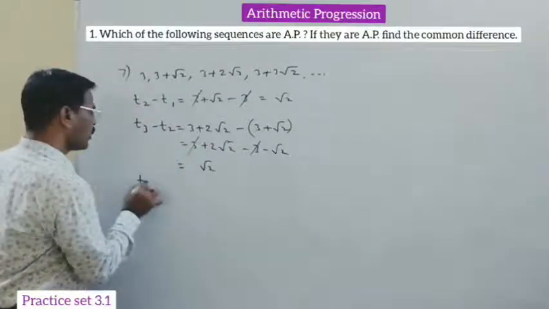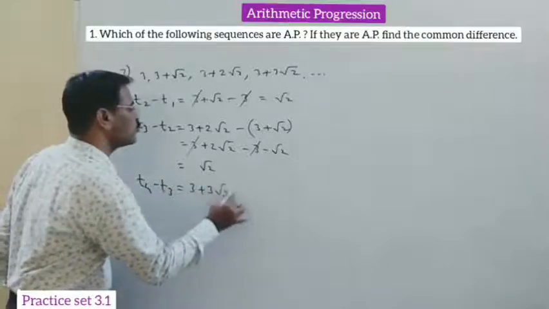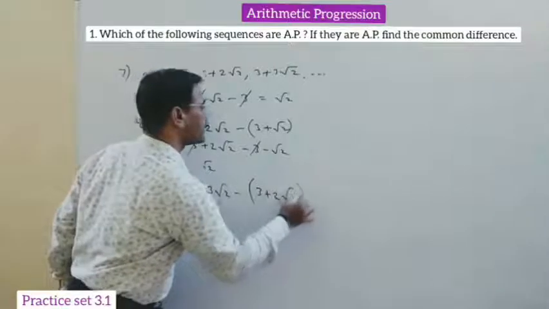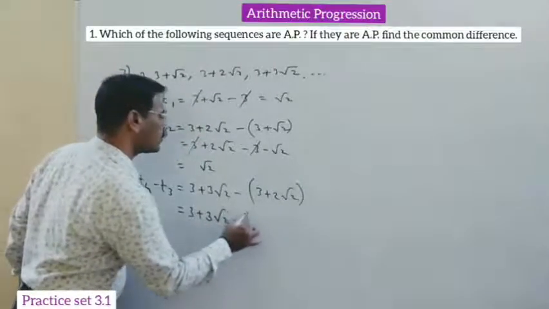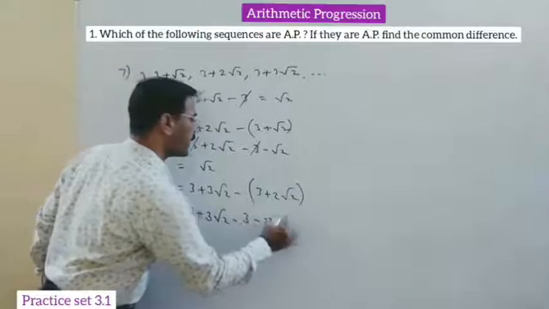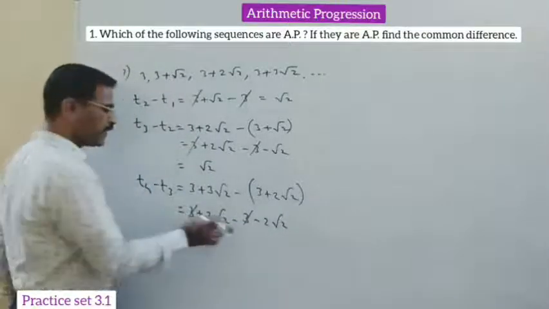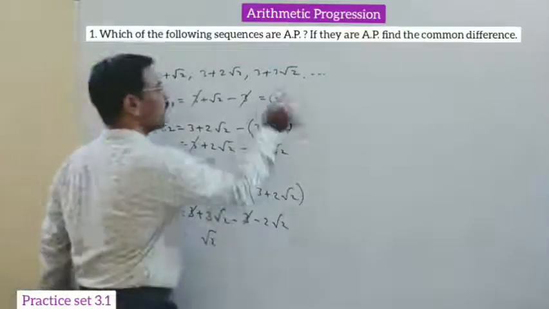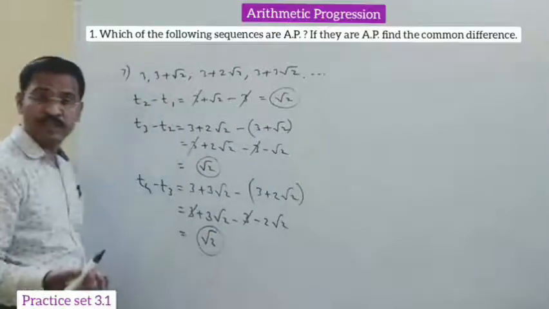Now one more, that is T4 minus T3, that is 3 plus 3 root 2 minus, again this is binomial, so write in bracket. Now by simplifying, what can we find here? Just the signs change. Here 3 minus 3, both get cancelled. 3 root 2 minus 2 root 2, again it is root 2. Now look here, this is root 2, and root 2. The common difference is constant.